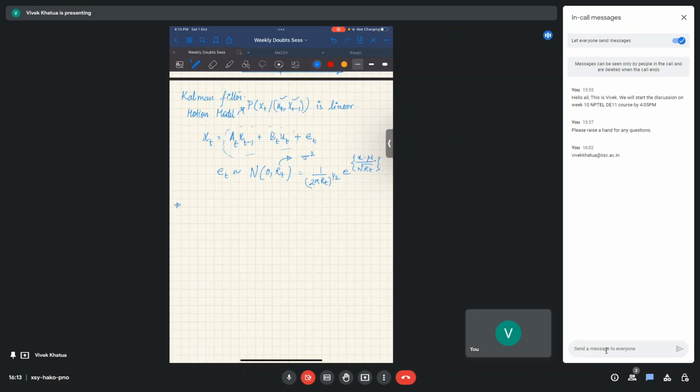So now we'll move on to the state transition probability. Like in the Bayes filter, here also we'll have a state transition probability.